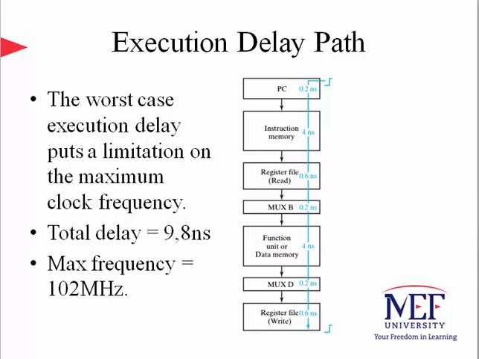This means that the worst-case execution delay, 9.8 nanoseconds, will put a limitation on the maximum clock frequency achievable. Otherwise you will not be able to get this instruction executed correctly. If you do the math, the max frequency in that case will be 102 megahertz, beyond which the computer cannot go because of the limitation imposed by the most time-consuming instruction execution.